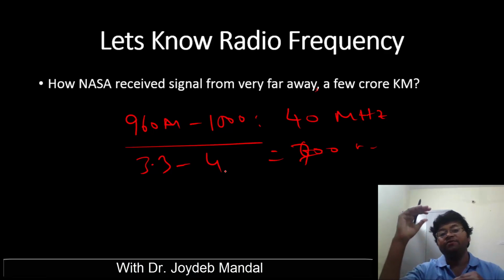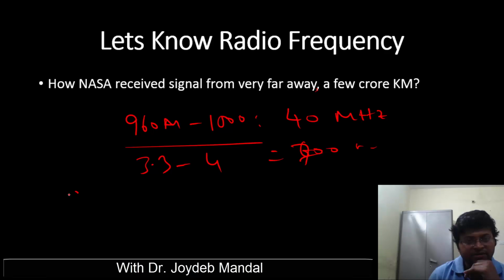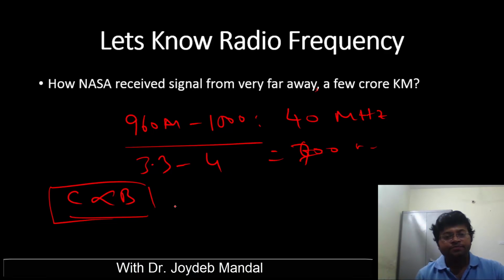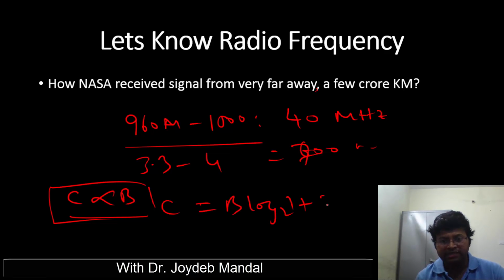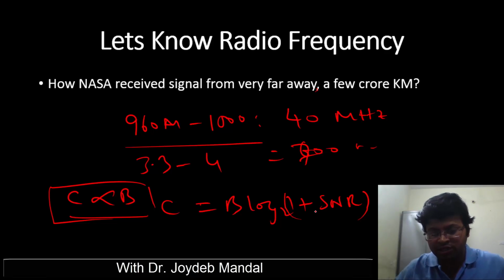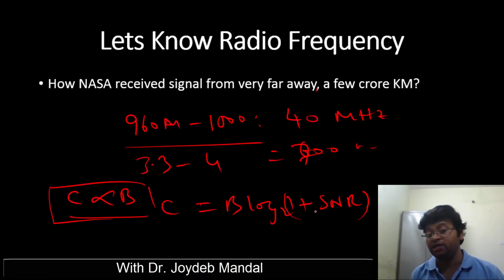If we increase the frequency, the bandwidth will be huge. Channel capacity C is proportional to bandwidth. For long distance communication, channel capacity C is equal to B times log2 of 1 plus SNR. This is the formula. I am trying to explain it more elaborately with one equation, because the equation is fundamental, and at least we will get some idea from this.